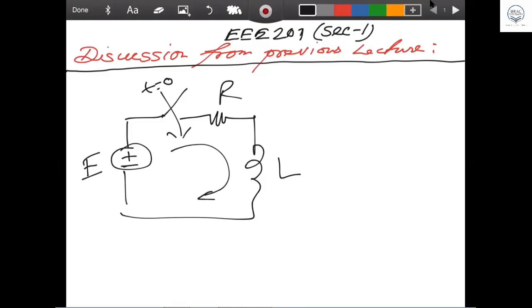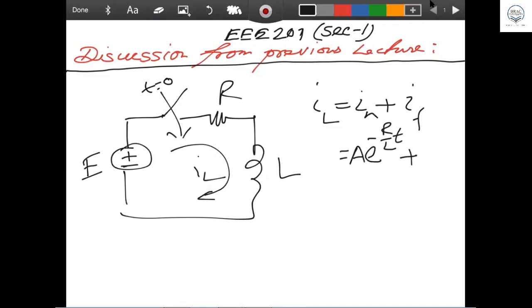In that case, a current IL will flow, and I have shown you how to calculate it this way: IN plus IF, natural plus forced. And from the natural, we already know, we can write I naught e to the power minus R by L t.